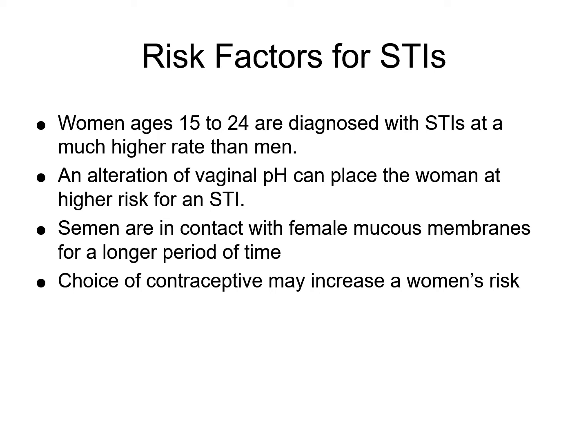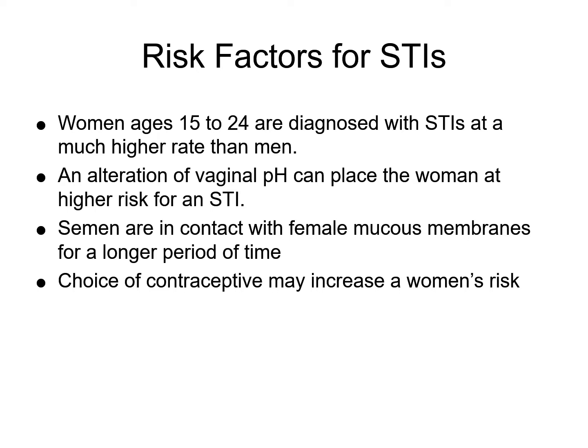Biologically, young sexually active women have a large proportion of columnar epithelium lining the cervix and a vaginal pH that can be altered by frequent douching. The mucus plug in the cervix that protects the upper genital tract becomes more permeable around the menstrual period.